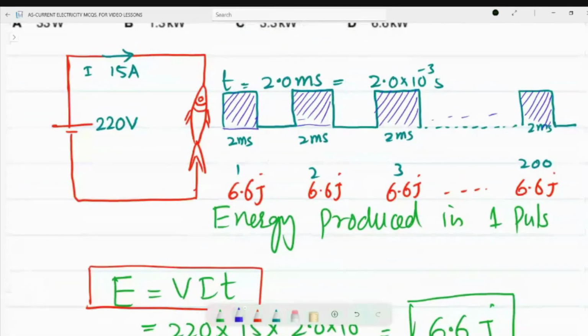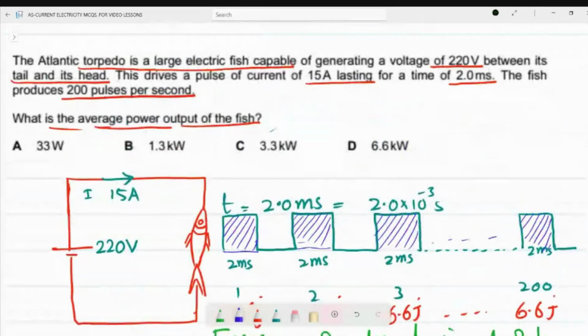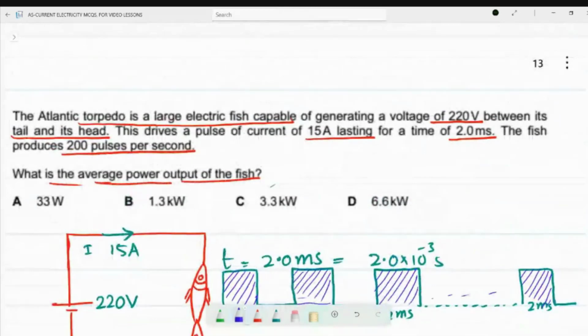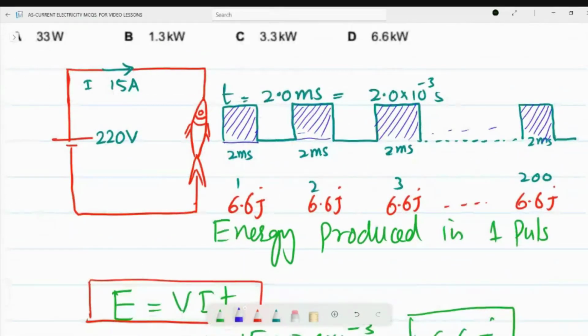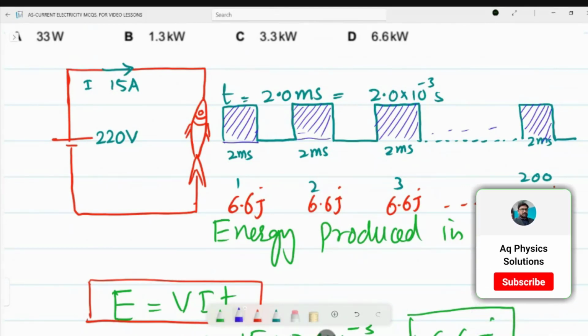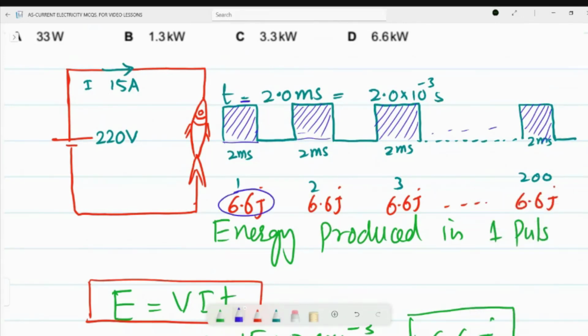One by one you can see that this was the question. I have selected the areas, and then considered those values, that 220 volts is the generated potential difference and 15 ampere is the current, and that lasts for 2 milliseconds. So I calculated how much energy would be produced in 2 milliseconds. Then I get 6.6 joules per pulse.